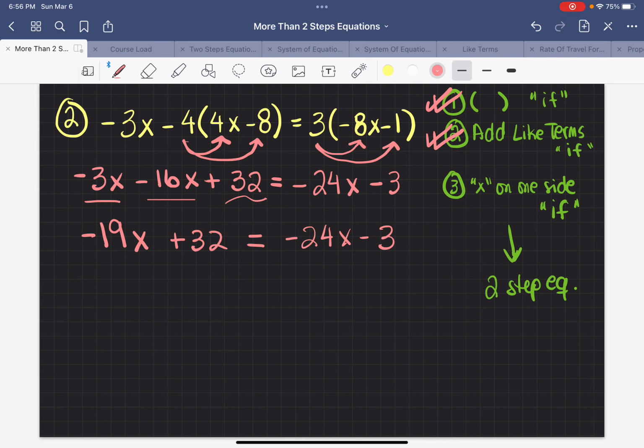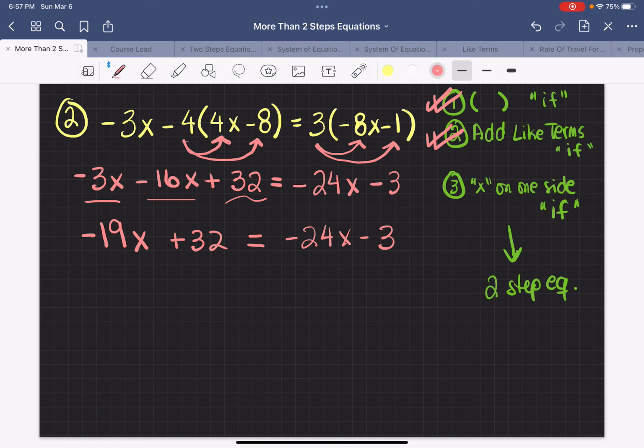Step 3, put all your x's on one side if you have them on both sides, which is the case here. Okay, I can either bring or eliminate the -19x from the left side and bring it to the right side, or the other way around. Okay, what I will do is to eliminate this -24x in order to have all the x's on the left side.